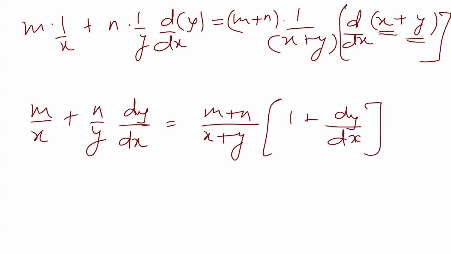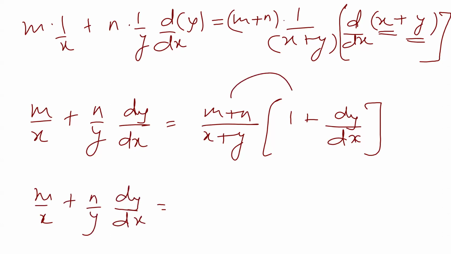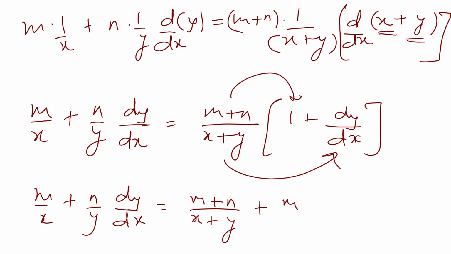Okay. So m upon x plus n upon y dy by dx equals m plus n upon x plus y plus m plus n upon x plus y dy by dx. So I'm multiplying m plus n upon x plus y to both the terms.